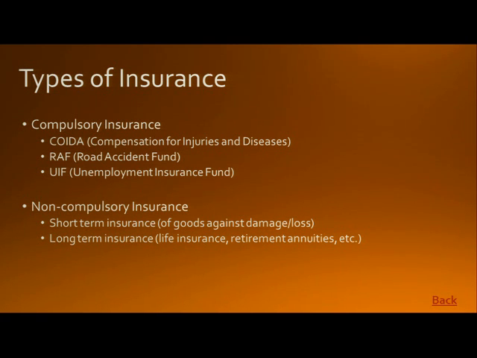You guys would know that any business will have to pay these types of insurance. Now, the first type of insurance is COIDA. It's the Compensation for Injuries and Diseases Act.